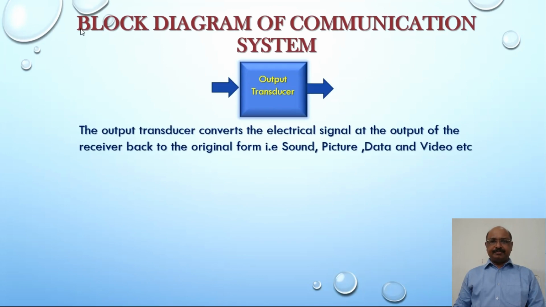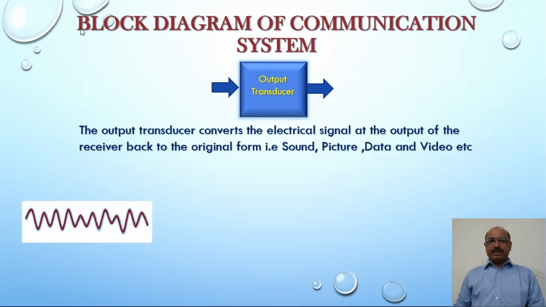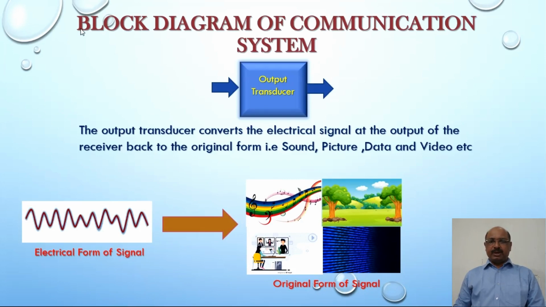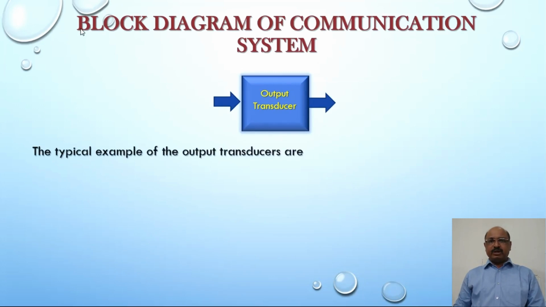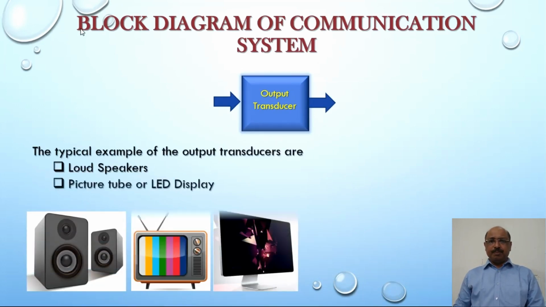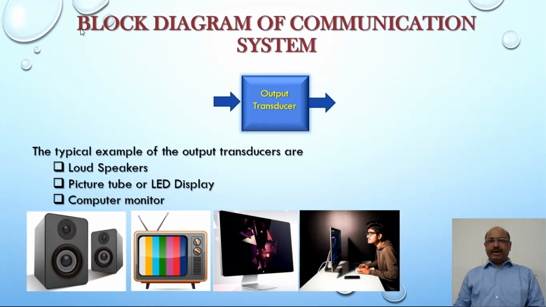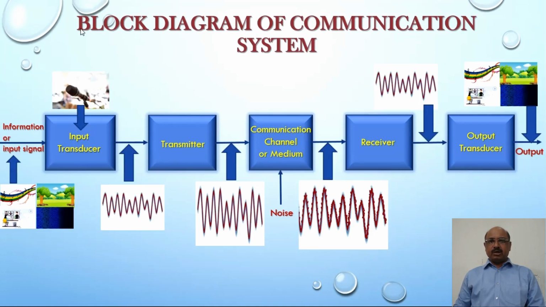The output transducer converts the electrical signal at the output of the receiver back to the original form, that is sound, picture, data, and video file, etc. Typical examples of output transducers are loudspeaker, picture tube, LED display, computer monitor, etc.